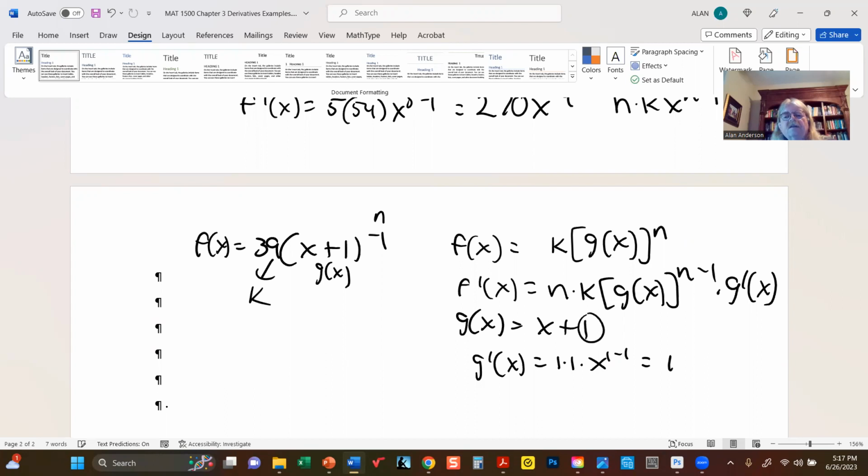And then we have the constant here. So g prime of x is just 1. So ultimately, we end up with, for this term at least, -1 times 39 times x plus 1 to the minus 2 power times 1.